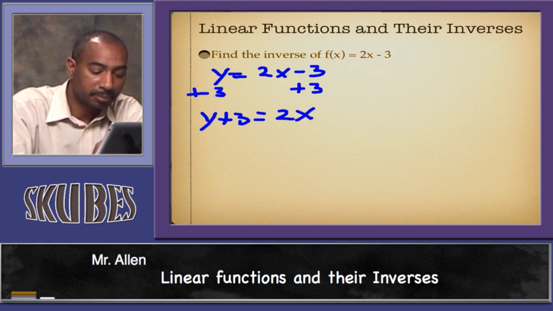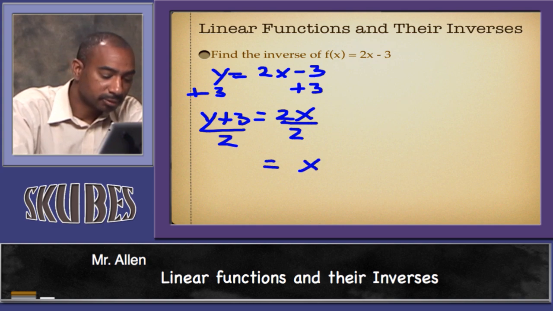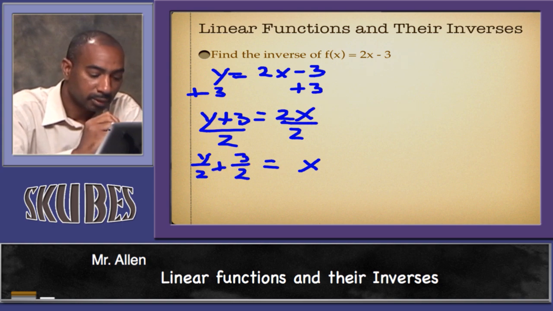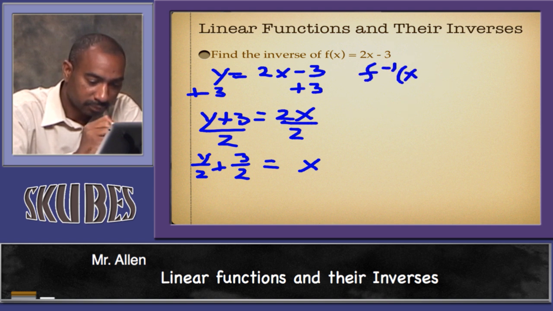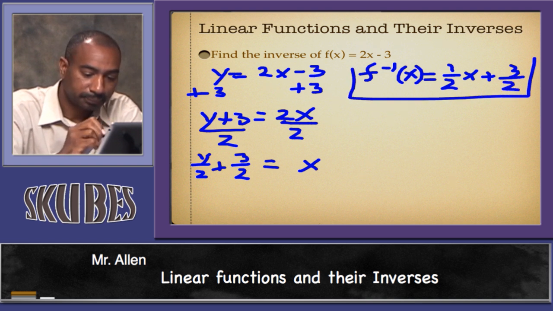And then I simply divide both sides by 2. So I get x equals y over 2 plus 3/2. So I can say the inverse function of f of x is 1/2 x plus 3/2. That's it.